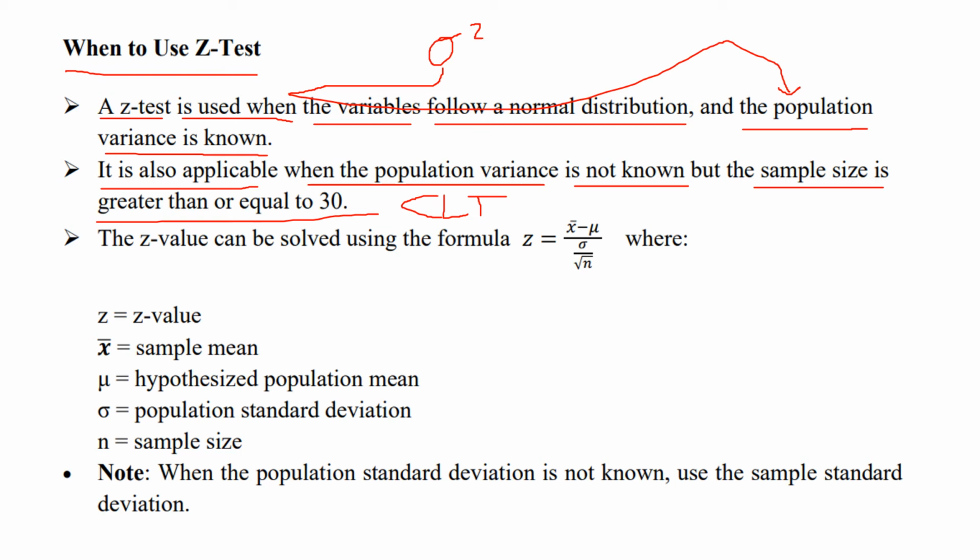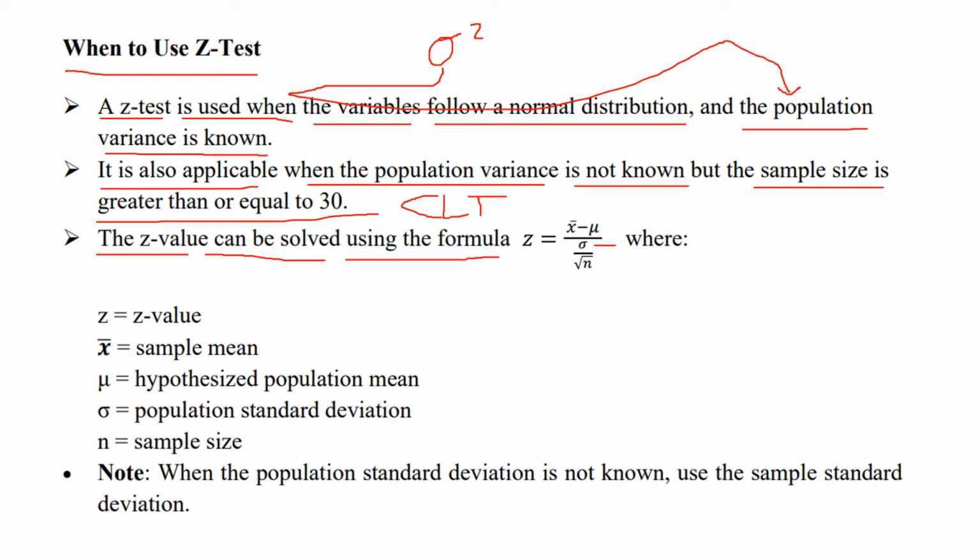The third one: the Z value can be solved using the formula Z equals your sample mean minus your population mean, all over your population standard deviation sigma over the square root of your sample size n.